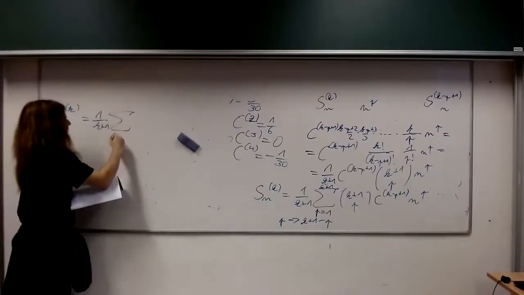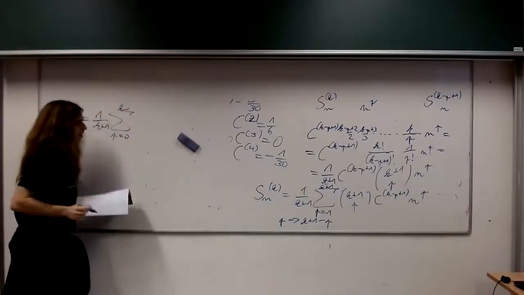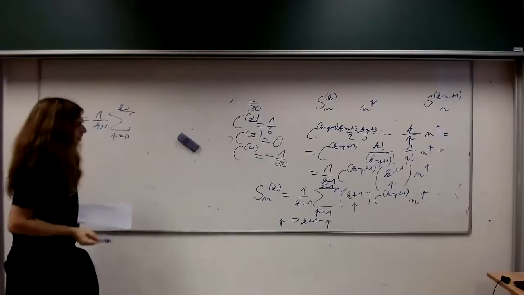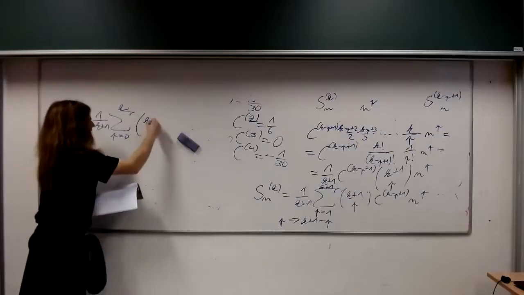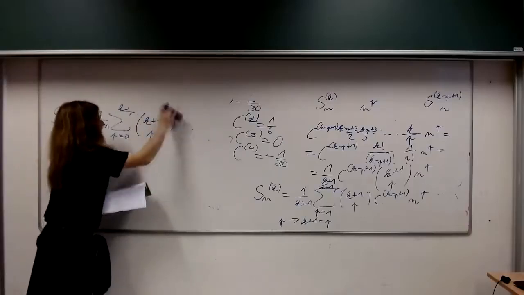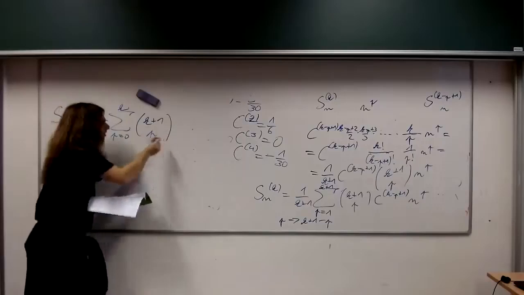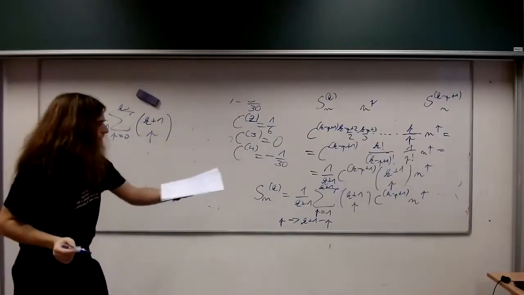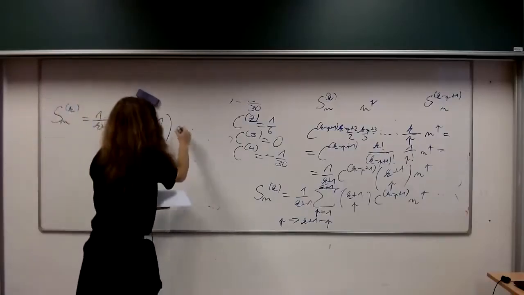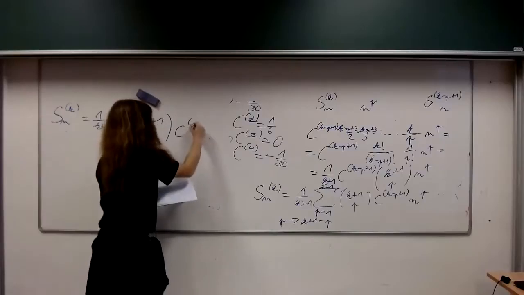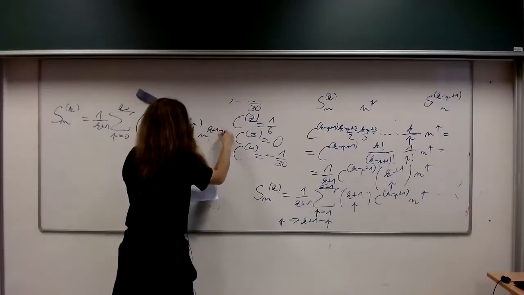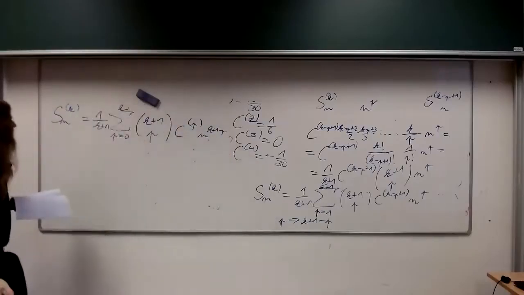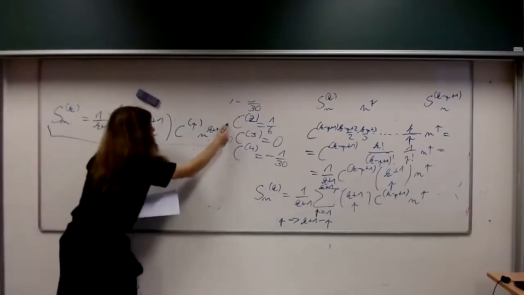Here we sum from 0 to k. And now the binomial coefficient doesn't care about that, so we can write it as it is. Then we replace the index on the c, and here we replace as well like this. So we have this one.